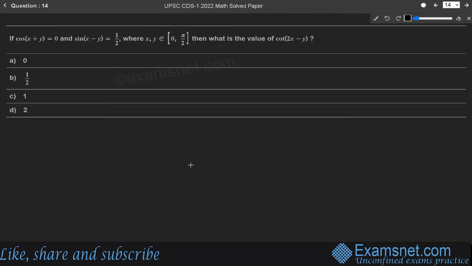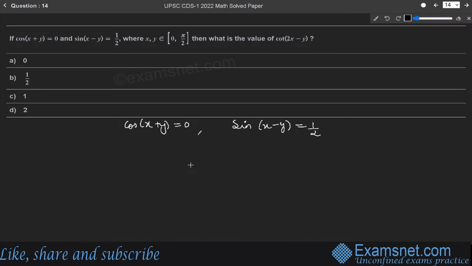Next question is, if cos x plus y is equals to 0 and sin x minus y is equals to 1 by 2, where x and y belongs to 0 comma pi by 2, then what is the value of cot 2x minus y? In this question, we have to use some concepts because it is a question from trigonometric expression.